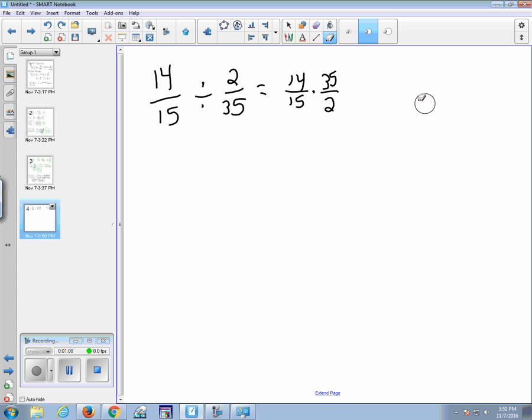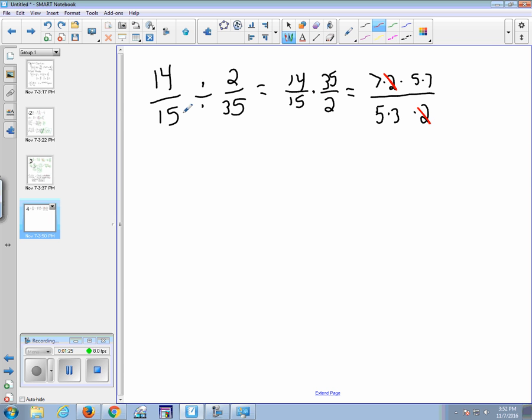And now I'm not seeing that 14 and 35 have common factors. That's irrelevant. Now I'm seeing that 14 and 2 have a common factor. 7 times 2 and 2, that 2 cancels.